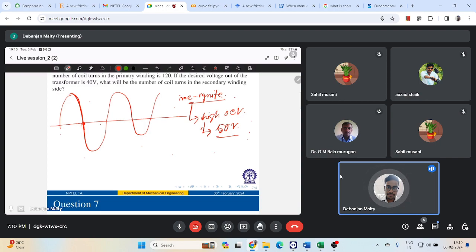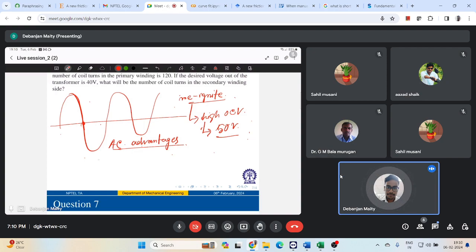Now, there are some advantages also for this AC power source. What are the advantages of using alternating current?